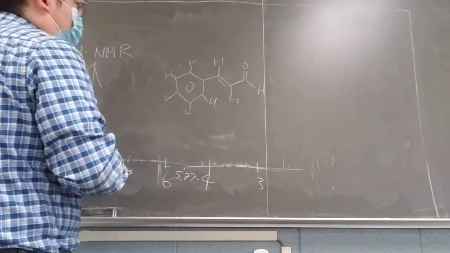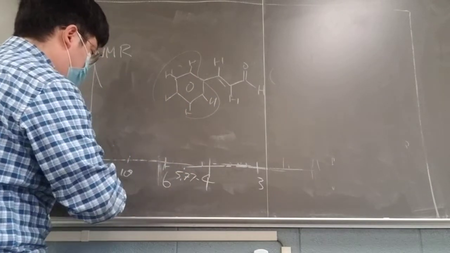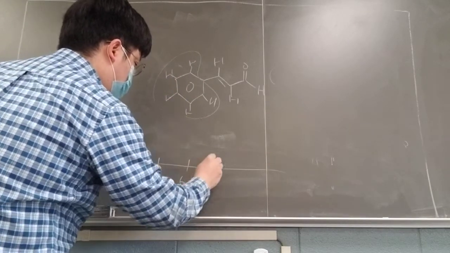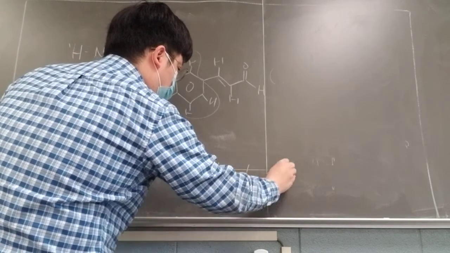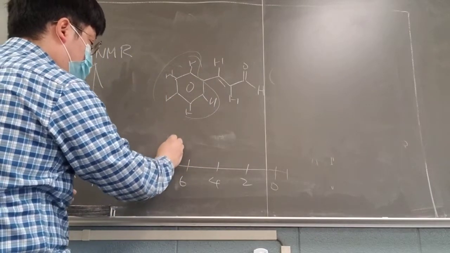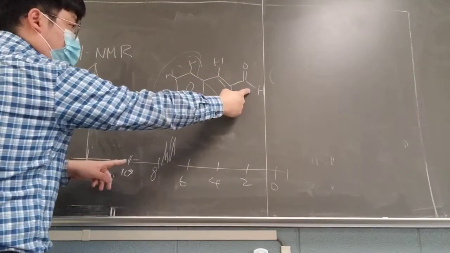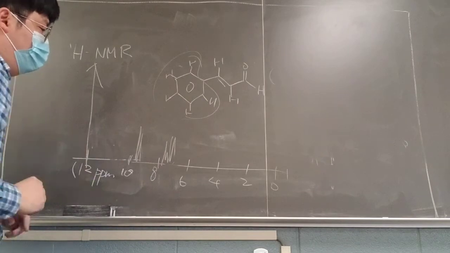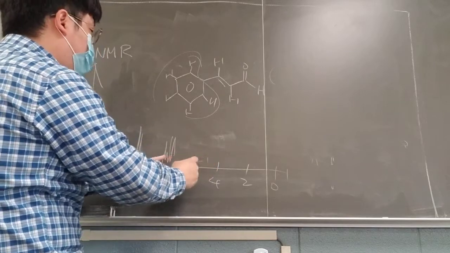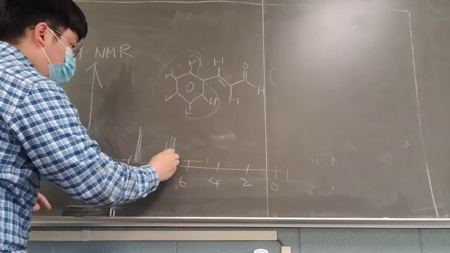So those aromatic ones also experience the similar one, but we'll talk about this later. But this is obviously where you can find the aromatic protons over here. And this is quite easy. This should be the aldehyde. Like I said, it should be around here. And then this one also, it should be somewhere around here, the vinylic position, but because it's kind of more drawn from the aromatic ring, the vinylic position, they also kind of overlap in here.